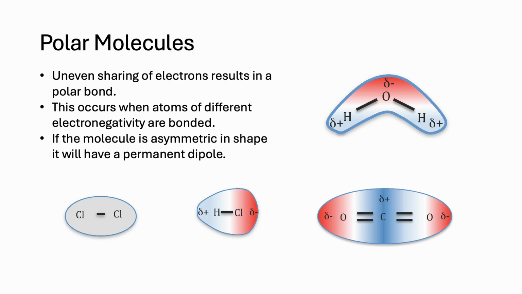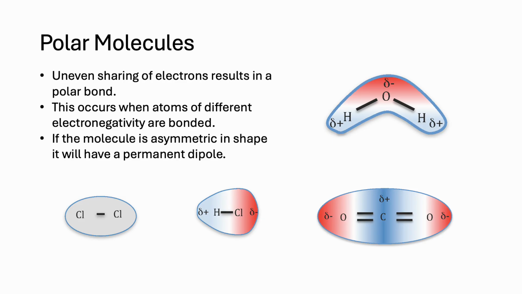The geometry of the molecule is important. So in carbon dioxide, the symmetric distribution of the atoms means that this slightly negative oxygen on one side of the molecule is exactly balanced by the slightly negative oxygen on the other side of the molecule, with the result that CO2 has no dipole.